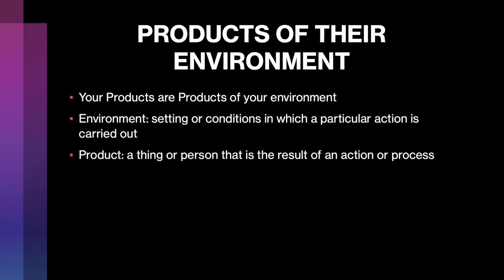Product is a thing, or sometimes a person that is a result of an action, but a thing like your products are a result of a process. So your products are a product of their environment. 117 Subpart B covers people, covers the environment. The 8 areas of sanitation, including maintenance of hand washing, hand sanitizing, and toilet facilities, must be managed.